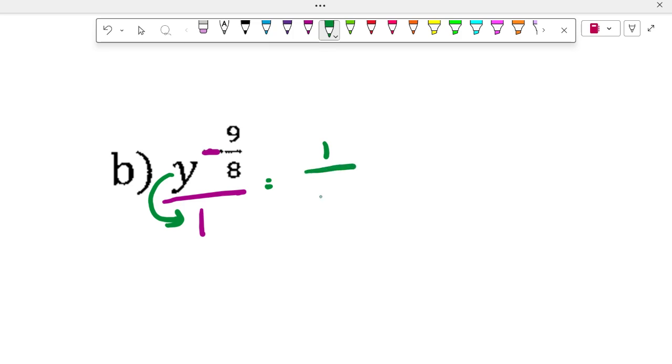So this is 1 over y to the 9/8. Whatever your radical is, you're putting in the denominator. I know we've talked about not putting radicals in the denominator, but in this case, it's fine. Why does the y go down? Because this exponent's negative, so the negative rule applies.